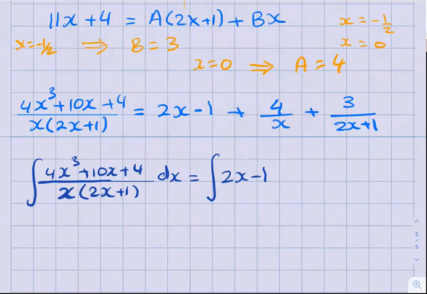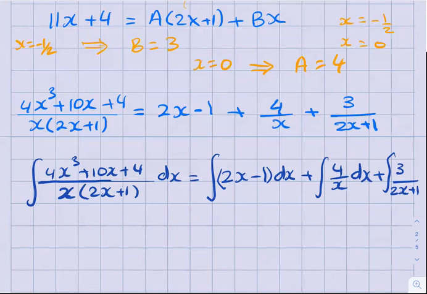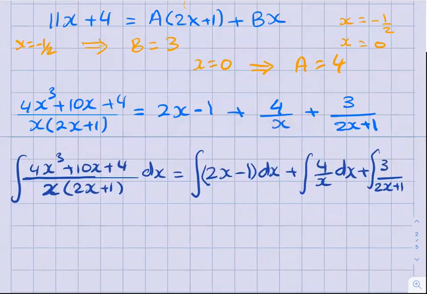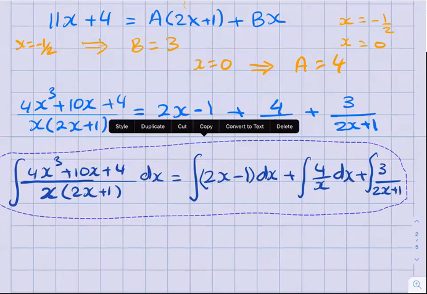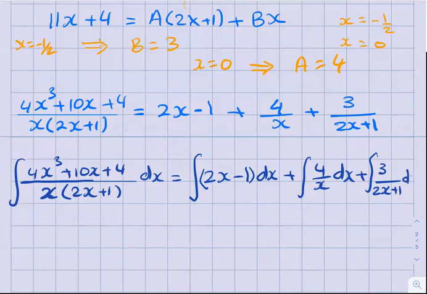You can separate the rest, or you can just put them all the same. It doesn't matter. So we can do this dx plus integration of 4 over x dx plus integration of 3 over 2x plus 1, and there should be a dx with it. Okay, dx.